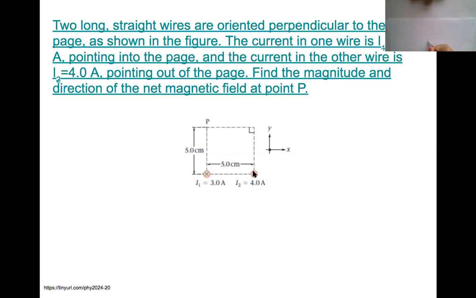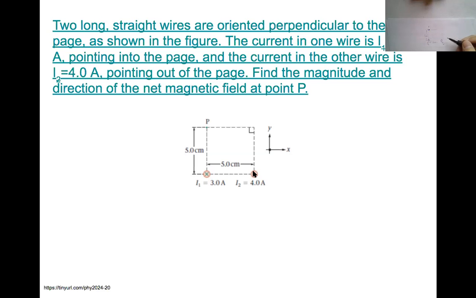This wire carries I1, and this wire carries I2. This is a square arrangement, with 5 centimeters for each of the sides. You're looking for the B field at this particular point P.